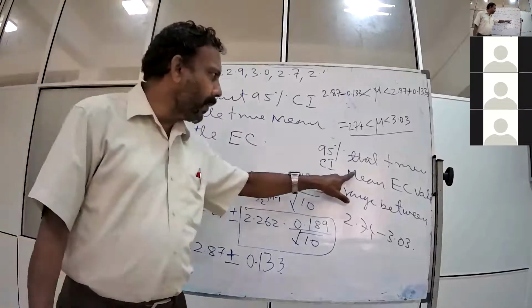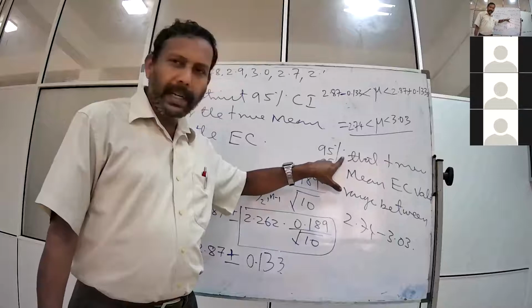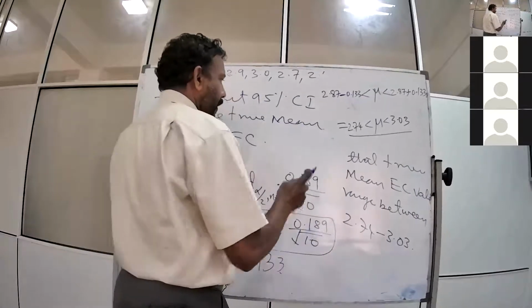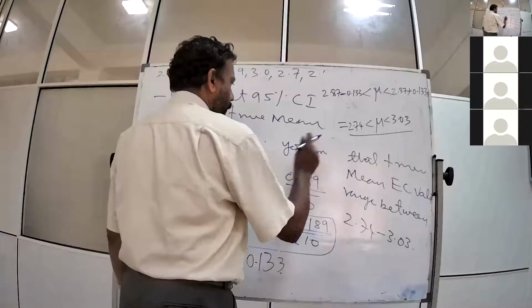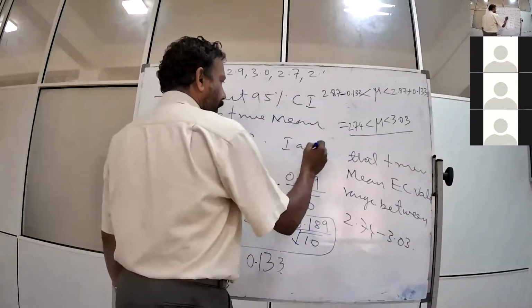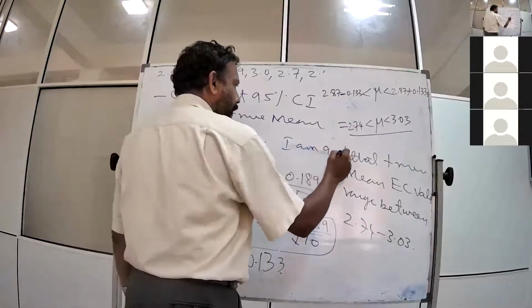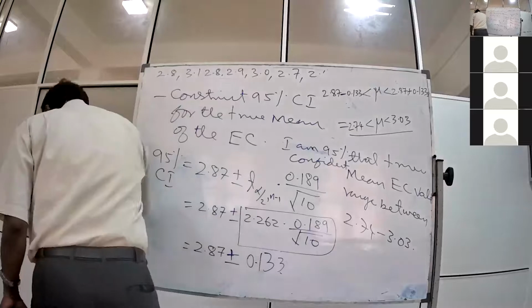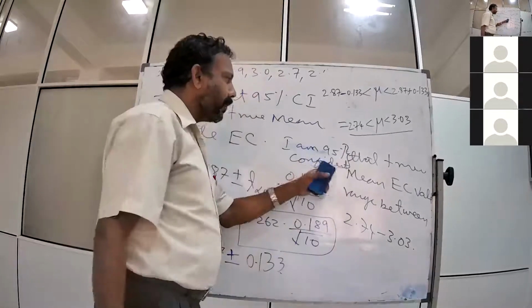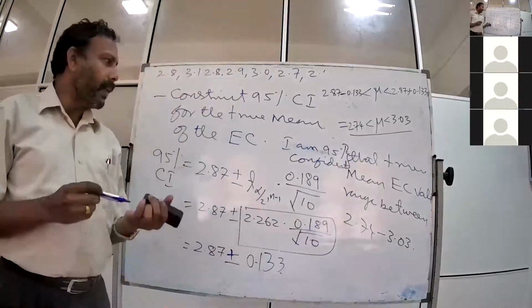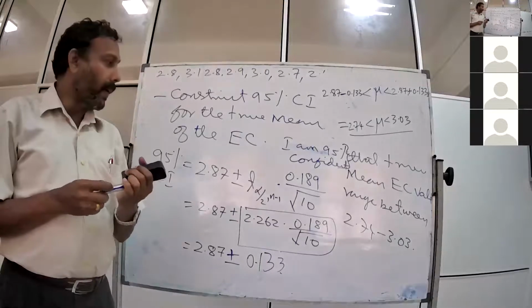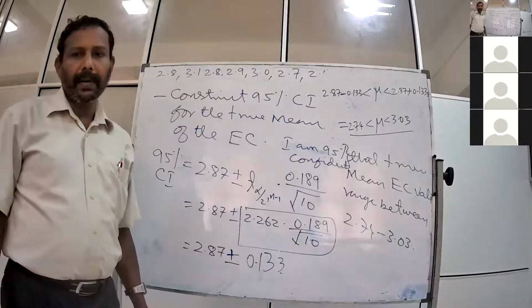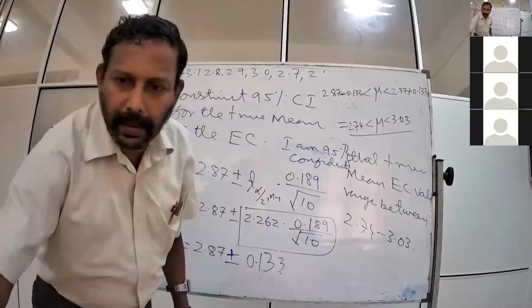Rather than saying you are, I am 95% confident that the true mean EC value ranges between 2.74 to 3.03 decisiemens or microsiemens per centimeter. So that is how you have to answer.